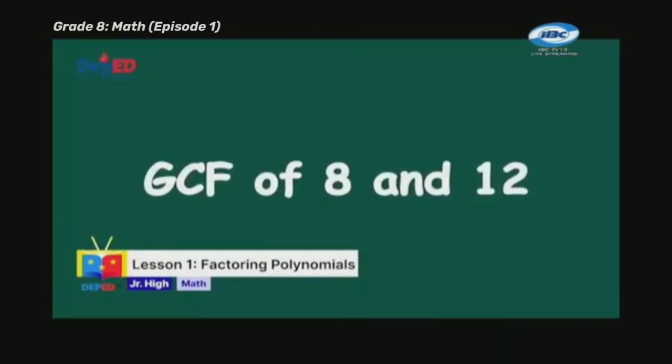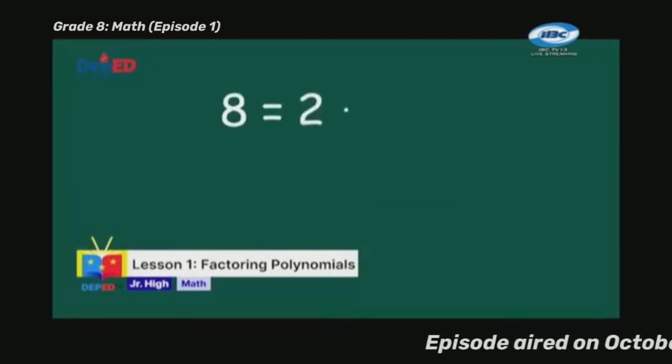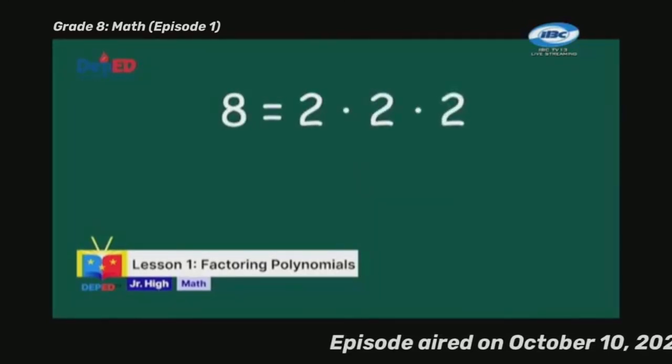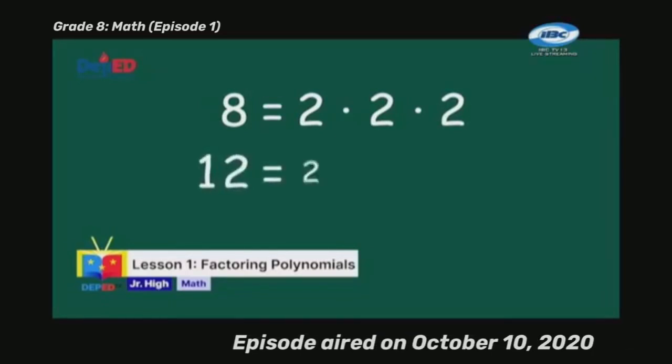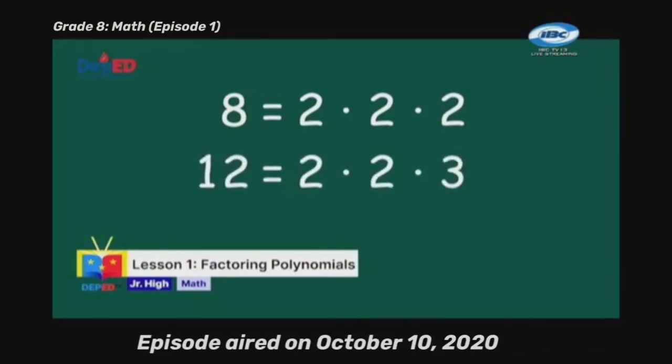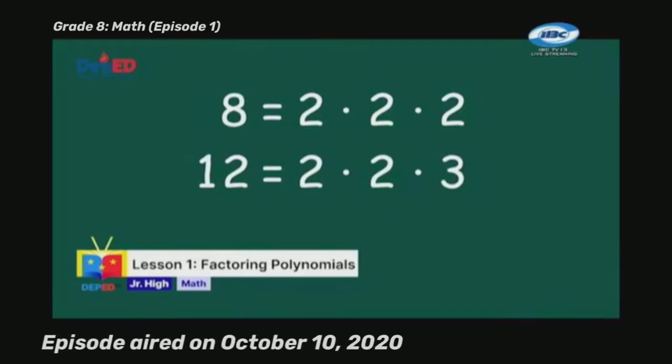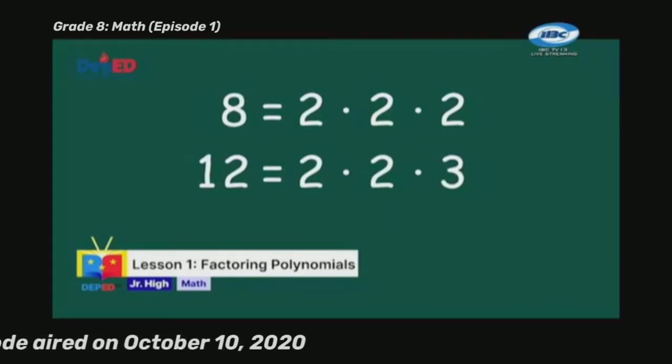Let us determine the greatest common factor of 8 and 12. First thing to do is write each number as a product of prime factors. 8 is equal to the product of 2 times 2 times 2, while 12 is equal to 2 times 2 times 3. Do you see the same number in each set of factors?